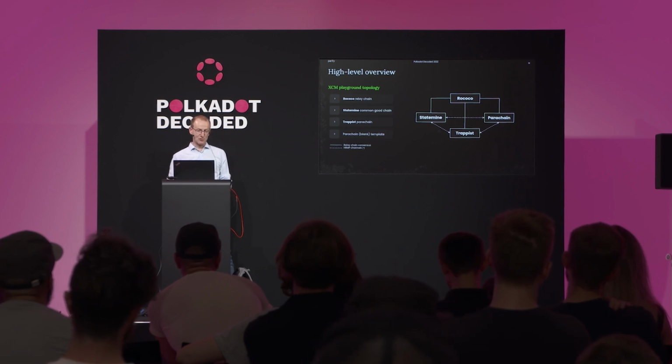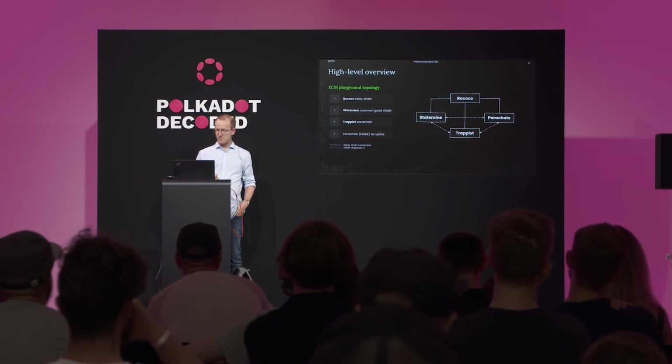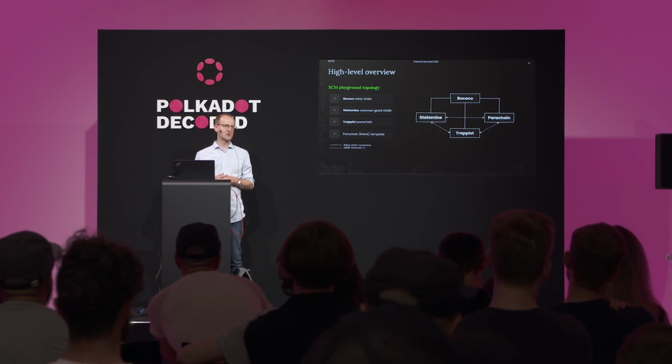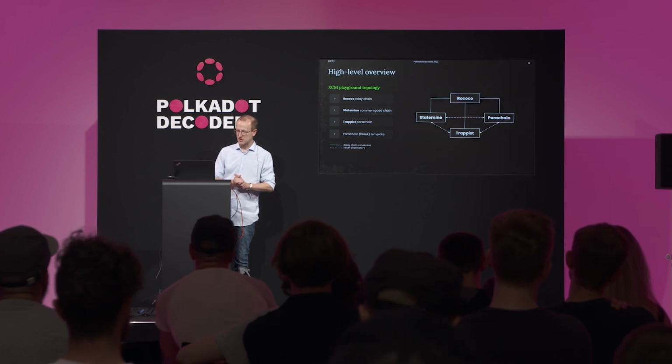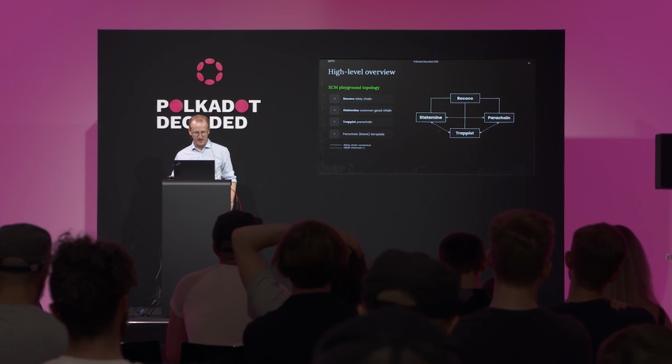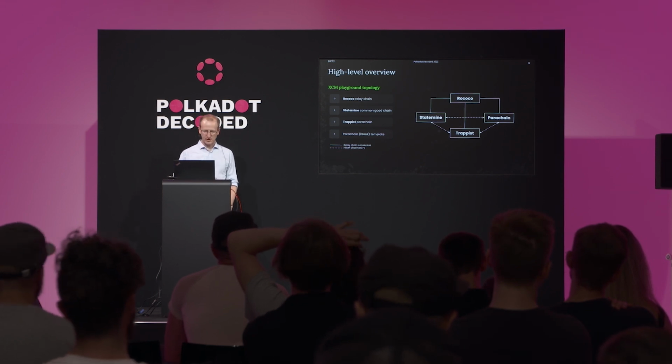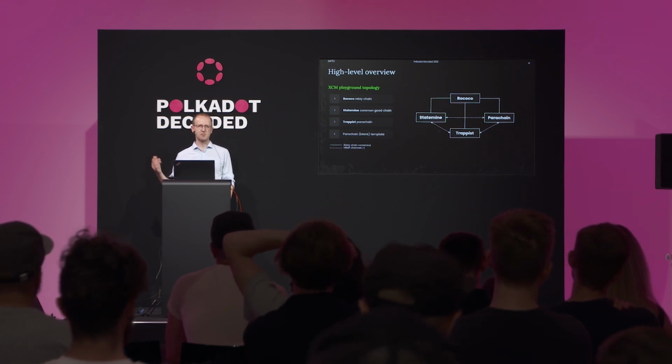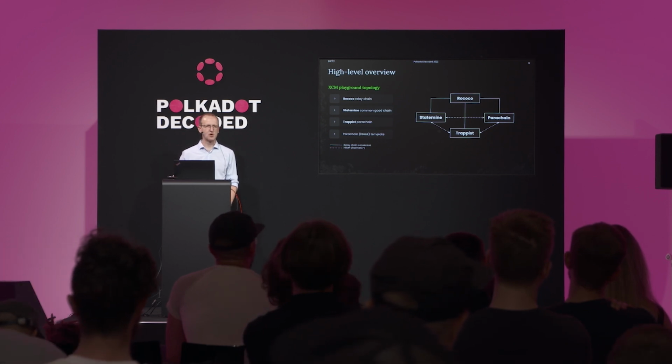Then we have a parachain called Trappist that is just a test parachain for education and learning, and it comes packed with a lot of features, assets, some governance and other things. And then on top of that we have a blank parachain template just used for some operations that I will show.